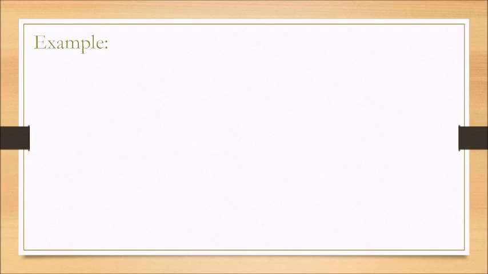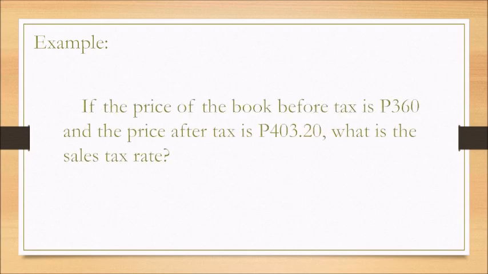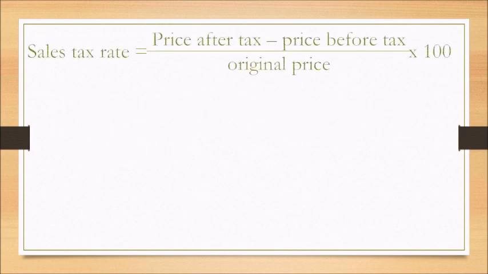Another example. If the price of a book before tax is 360 and the price after the tax is 403 and 20 cents, what is the sales tax rate? Sales tax rate is equal to price after tax minus price before tax, over original price, times 100.